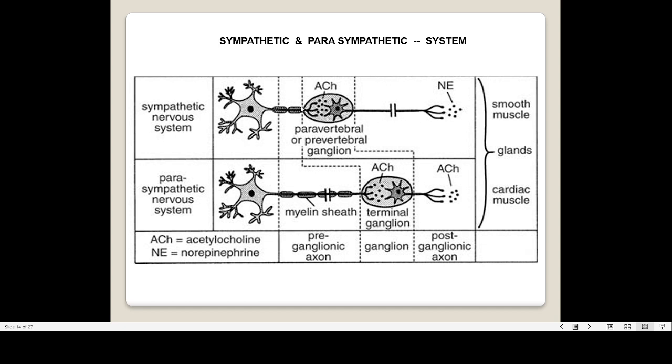The preganglionic neuron releases ACH, and the postganglionic neuron releases norepinephrine. In the parasympathetic system, the preganglionic neuron releases ACH and the postganglionic neuron also releases ACH. That is the difference in neurotransmitters released by the sympathetic and parasympathetic systems.